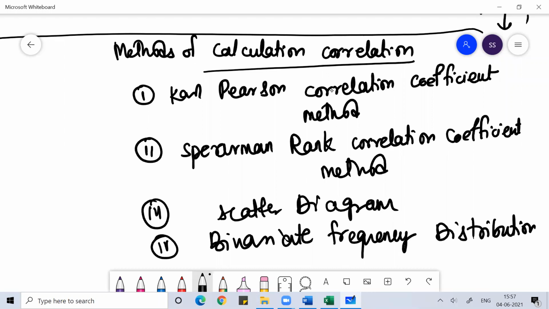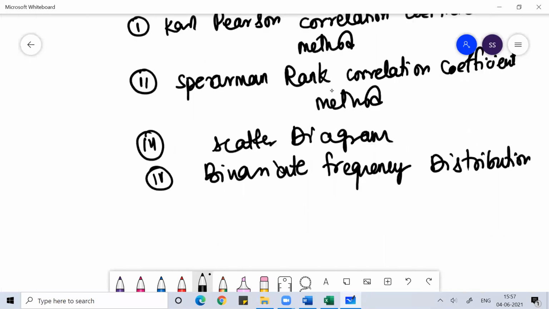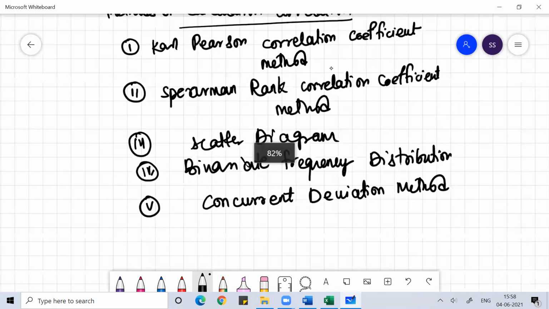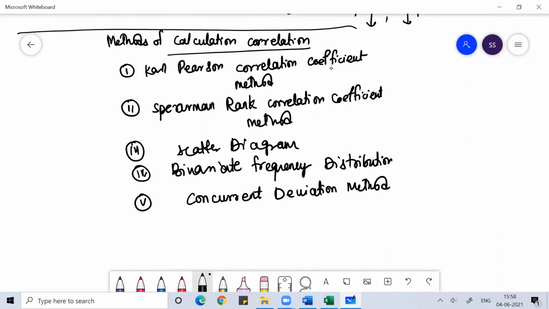So we can use Karl Pearson, Spearman, scatter diagram, bivariate frequency distribution method. Okay, and then we can use the concurrent deviation method. These are the basic methods through which we can measure the correlation coefficient between two variables. Anyone, any doubt, any question?